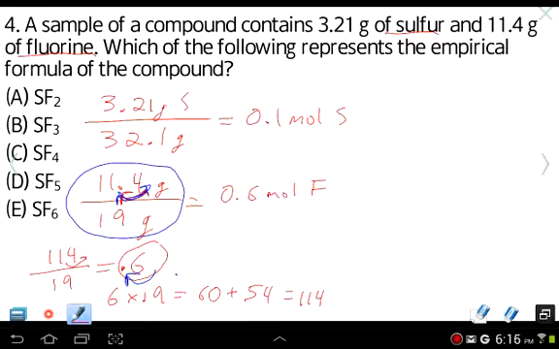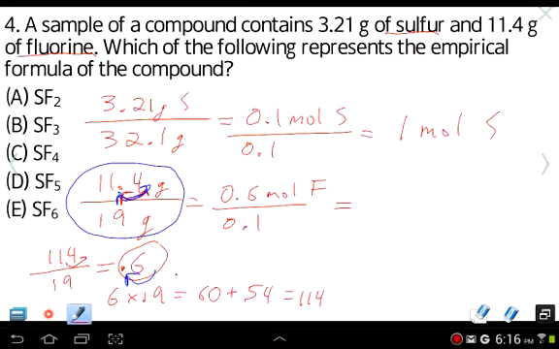Now, since we have our moles, the next step is to divide by the smallest to get these into whole numbers. And so the last step, if we want to even these out, is dividing both of them by the same number. If we divide both of them by 0.1, this will ensure that sulfur is 1 mole, and then the 0.6 divided by 0.1 will give you 6.